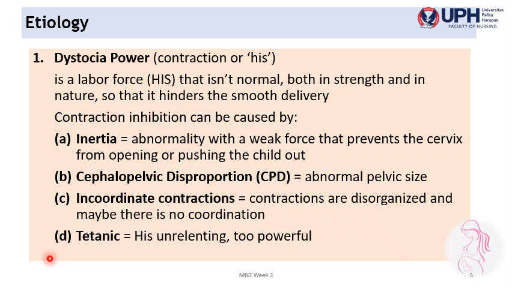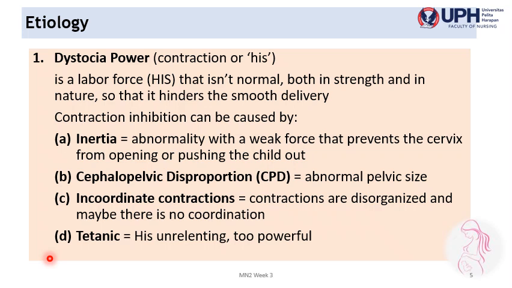The inhibition in contraction can be caused by inertia, or a weak force that prevents the cervix from opening or pushing the child out, as well as cephalopelvic disproportion or CPD, where the pelvic size is abnormal. So it is important during pregnancy to have a thorough measurement of the pelvic size, which can then help during the labor of the baby.